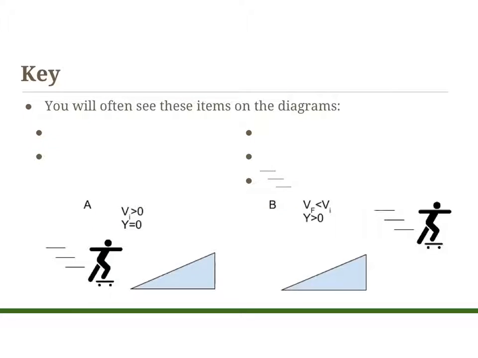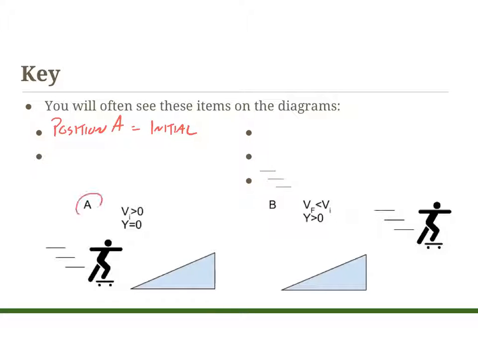So first of all, there are a few things that you're going to see on these diagrams. One of the things that you'll see would be position A, also known as initial. You will also see position B. Maybe I should do it this way.